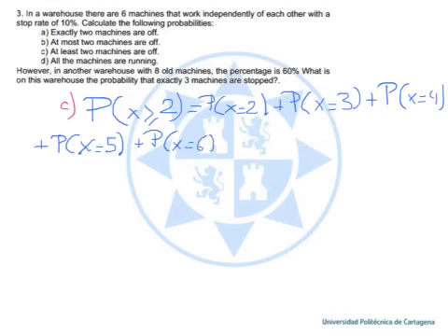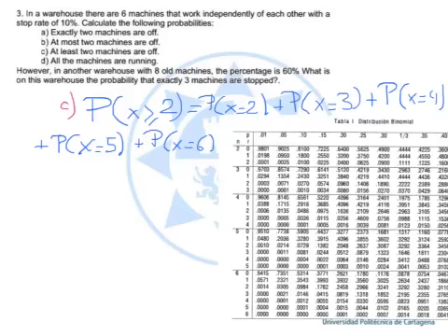Now, as in the other part, we'll look for the results in the tables as it is simpler and easier. Here we have again the table, and the values we have to look for are here.